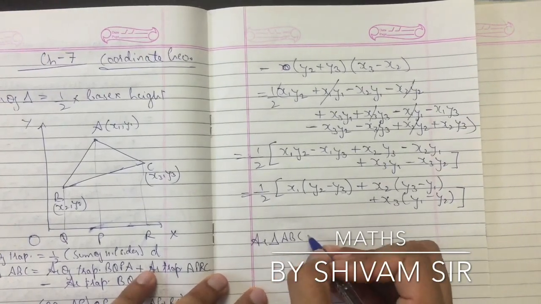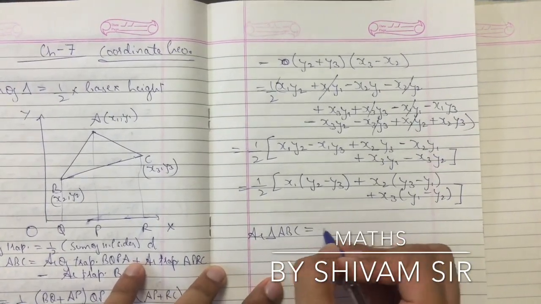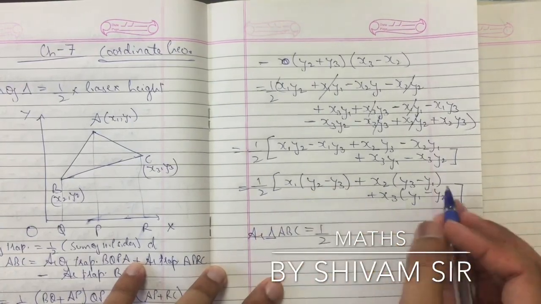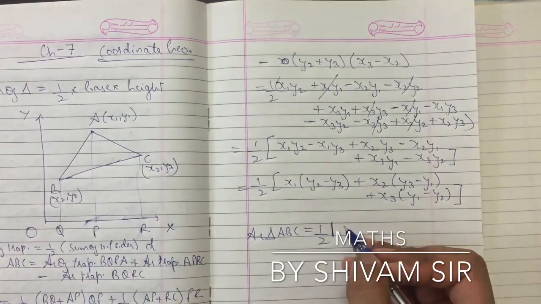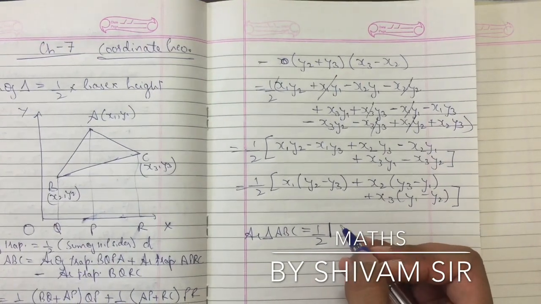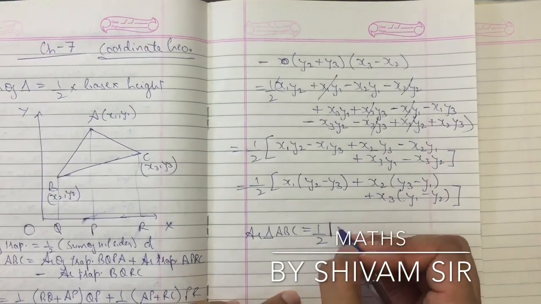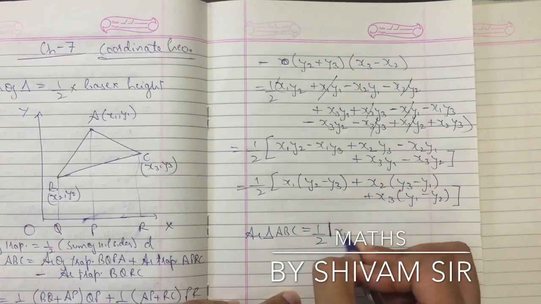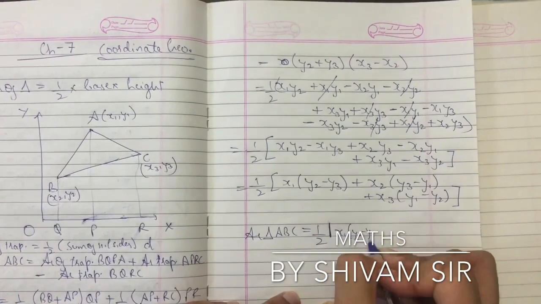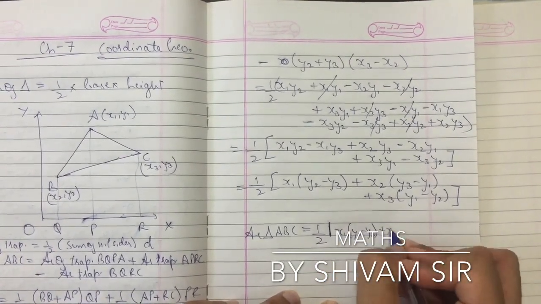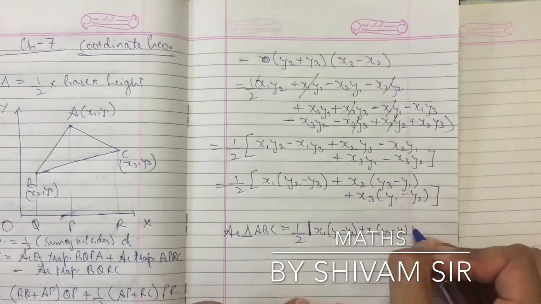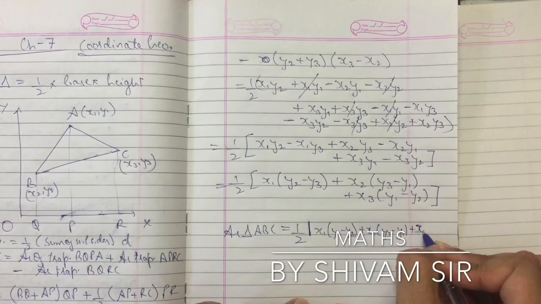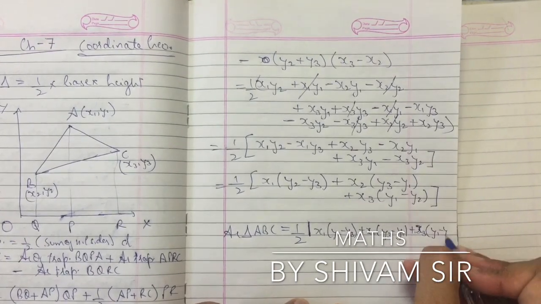Now area cannot be negative, so I am replacing these brackets with the modulus sign. Modulus sign means the value inside will never be negative. So the area of triangle ABC will be half modulus of x1 y2 minus y3 plus x2 y3 minus y1 plus x3 y1 minus y2.